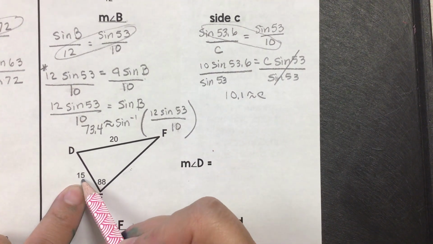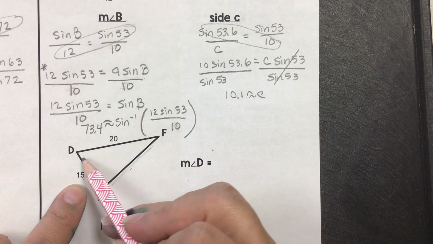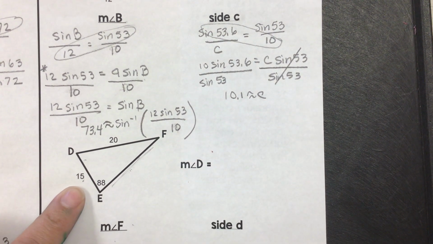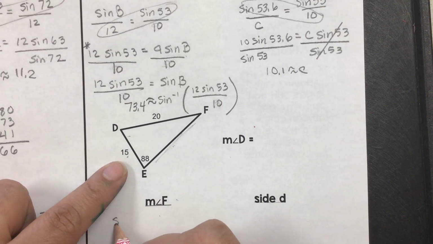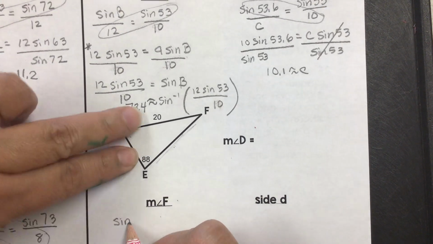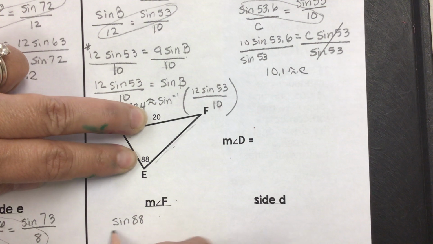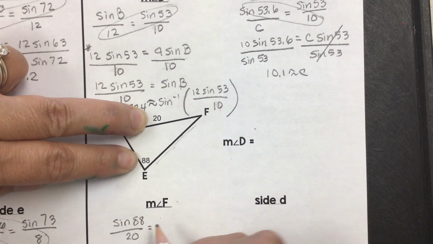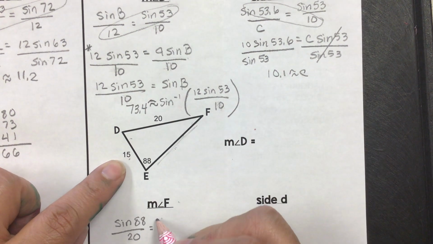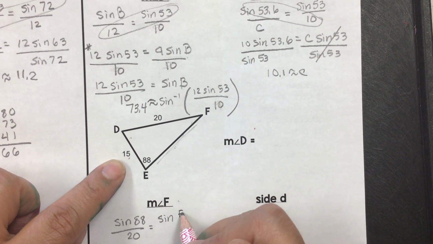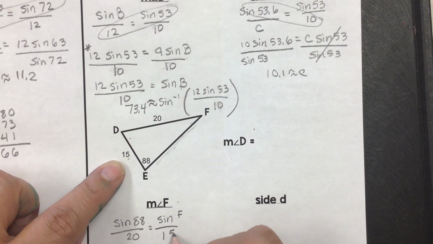Because we have the opposite side, and here we don't have the opposite side, nor the angle, and we can't find D yet. So this would be sine of 88 divided by 20 is equal to, then I can find F because I have the opposite side, sine of F divided by 15.